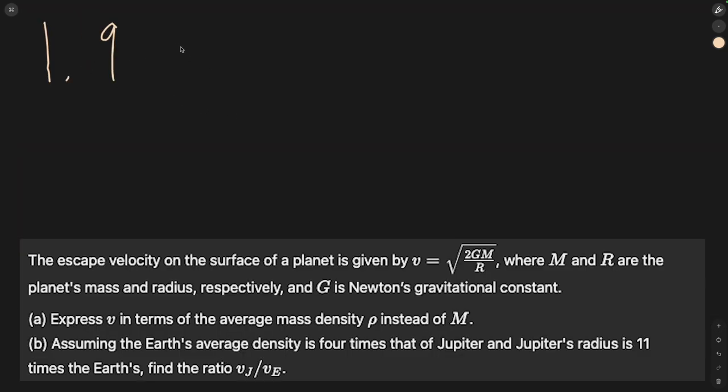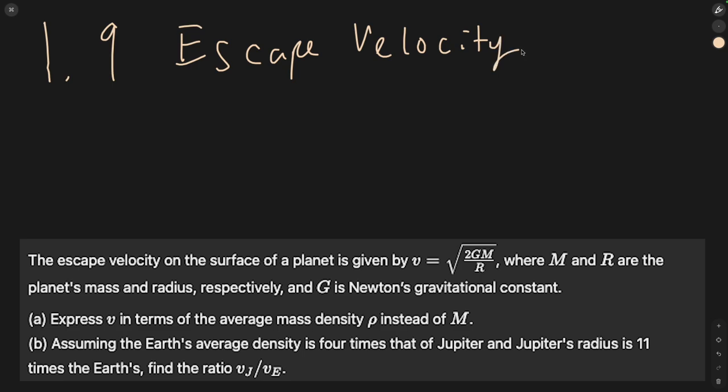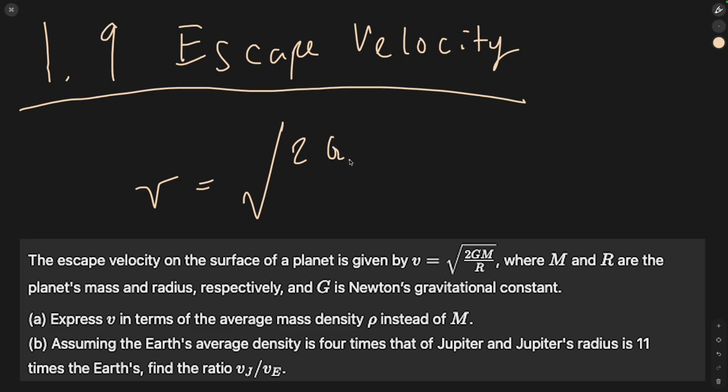1.9 escape velocity. So here is the equation for escape velocity. Okay. G is our gravitational constant, m is the mass of the planet, and r is the radius of that planet. Write v in terms of the average mass density.